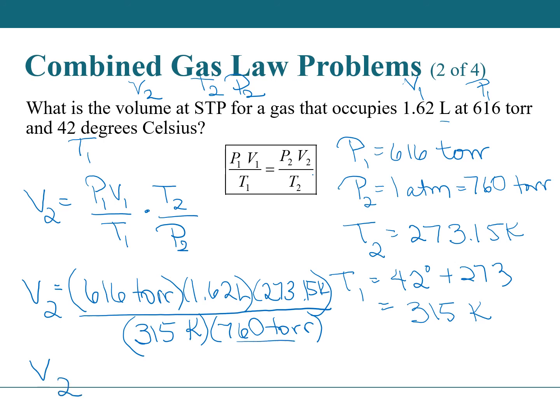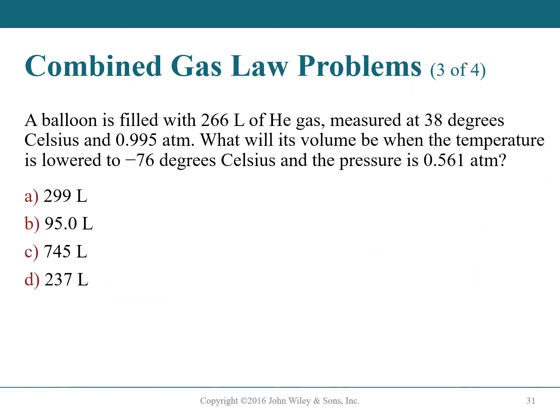So if we do that, 616 times 1.62 times 273.15 divided by 315 and divided by 760. Okay, so I get 1.14, and let's take a look at our units. The torrs cancel out, kelvins cancel out, so I get my units in liters, which is good, and it's 3 significant figures.